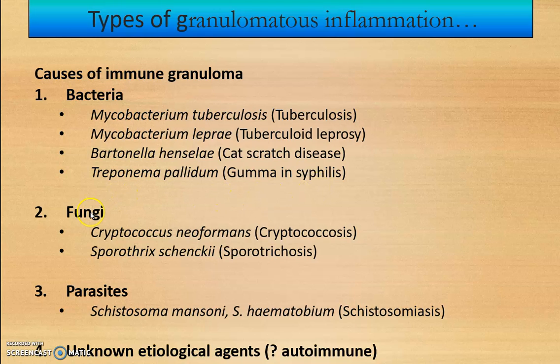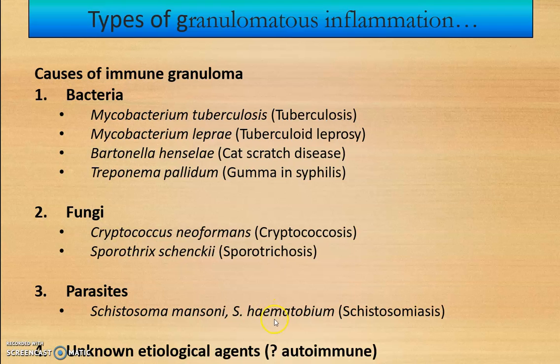Okay, the next organisms are fungi. You can have Cryptococcus neoformans in cryptococcosis and Sporothrix schenckii in sporotrichosis. Okay, and also these parasites, which can also cause granulomatous inflammations. It's very hard to pronounce.